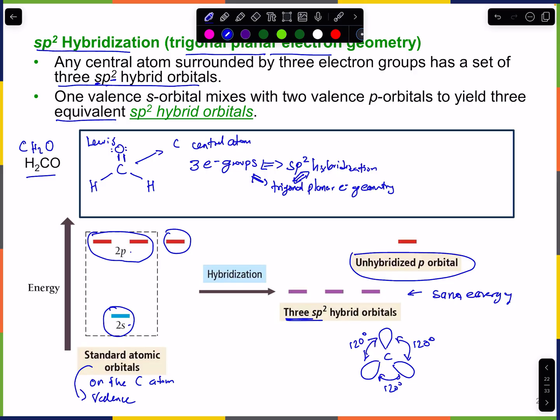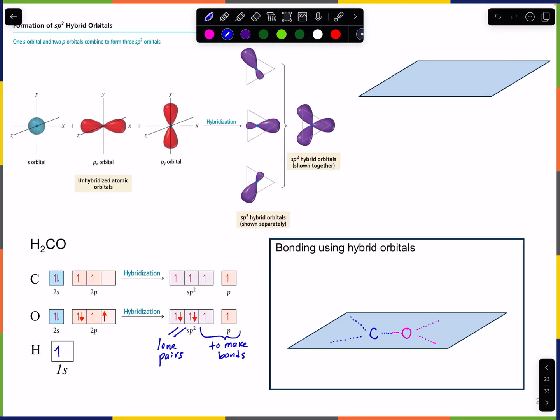That's also convenient for many molecules for stability, or at least to put those electrons available to make bonds, right? Again, mixing the 1 s orbital with the two p orbitals, the px and the py orbital, you get 3 equivalent sp2 hybrid orbitals, which will have the trigonal planar geometry.